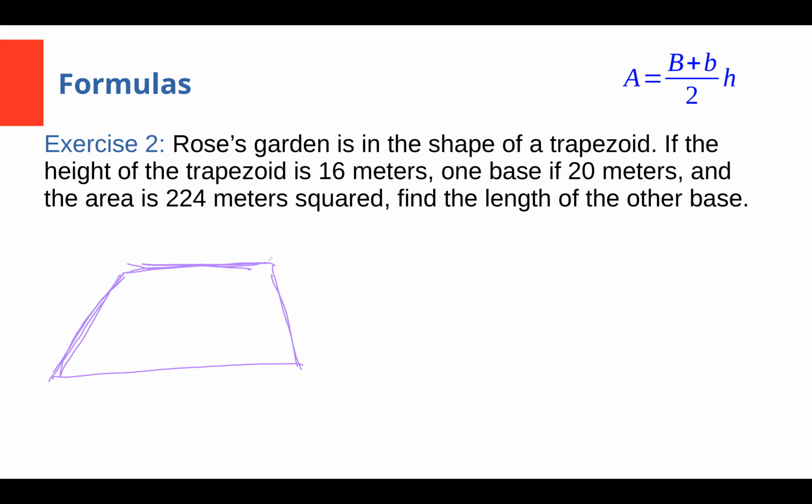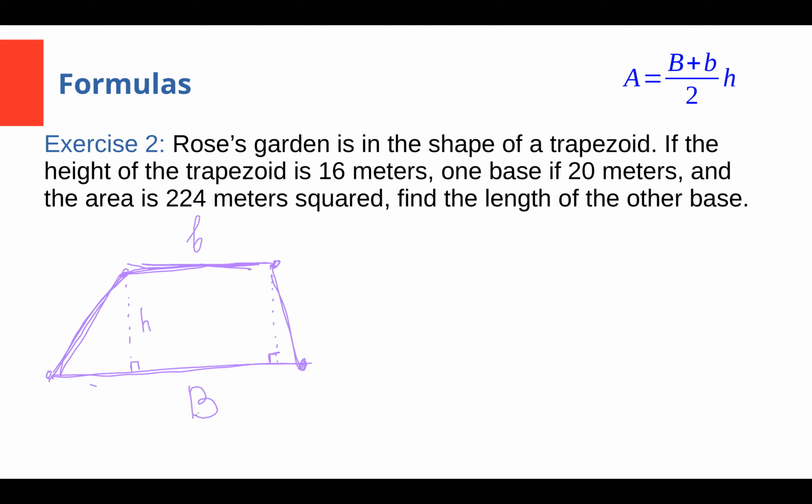Now, if we draw it, we can put the height like here. The height should be perpendicular to the base. The length of the height is the distance between the two parallel sides, so we have a perpendicular line that is perpendicular to both bases. Usually we denote the small one with b and the large one with B, and that's all we need for the formula.